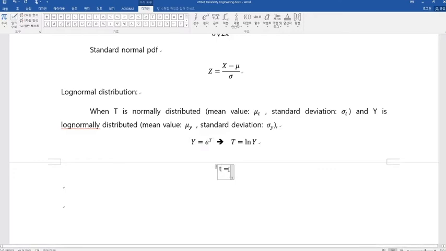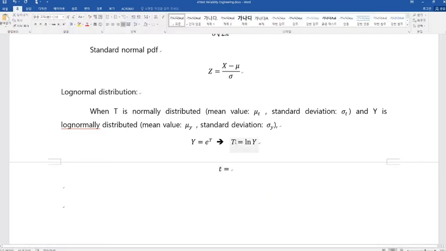So t. From this relation, this variable t will have this relation. So if y is used to describe a specific value of this random variable capital Y, and t is used to describe a specific value of a random variable capital T. So anyway, from this relation, it can be said that t will be same as log of y.